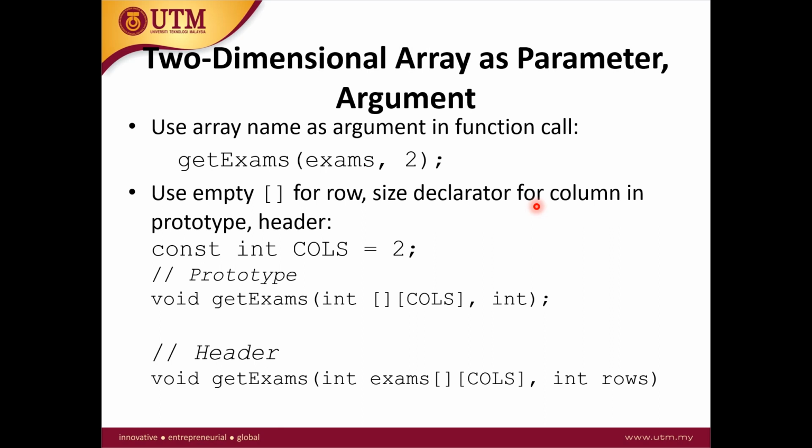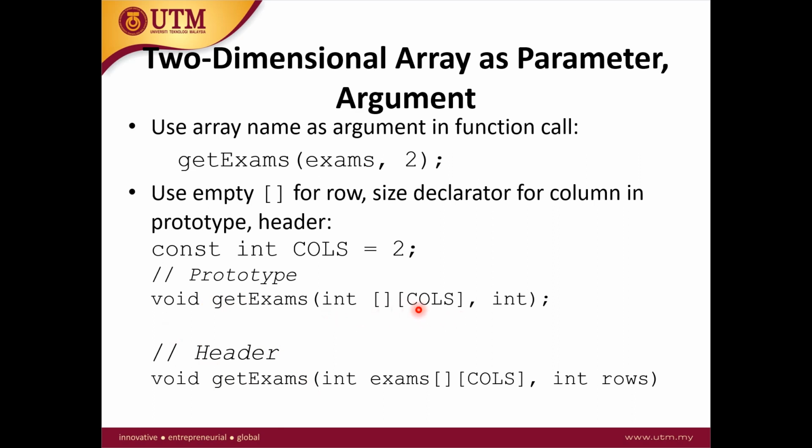And this is very important, how to pass a two-dimensional array as a parameter argument to a function. I'm going to come back to the function call later, but for the header, we need to specify the column. For example, we are defining this function in the header, let's say the prototype at the beginning. We need to specify that the function is going to process a multi-dimensional array.